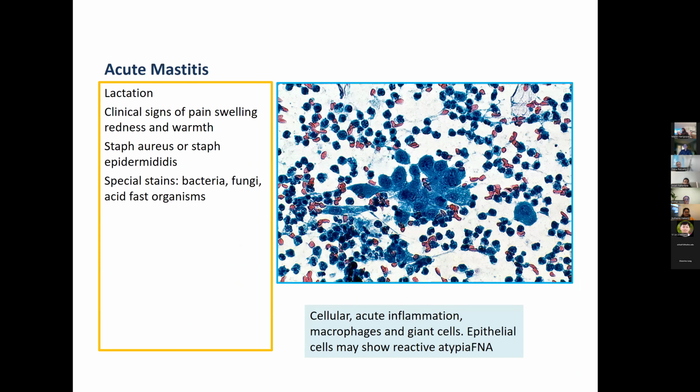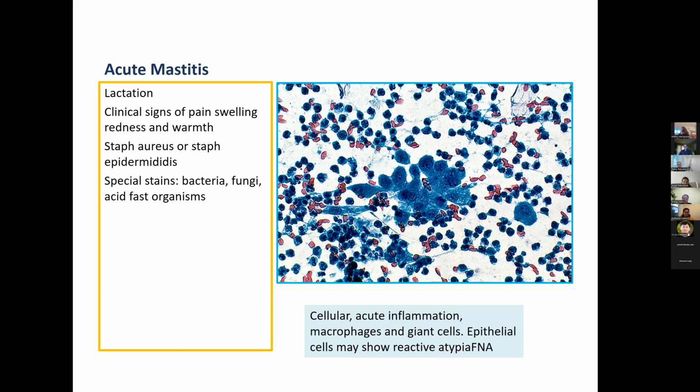So let's go over some of the examples of what we see in cytology of the breast. Let's say the patient is lactating, and you have an aspirate that looks very cellular on low power, but it is mostly predominated by inflammatory cells, neutrophils, and you have few epithelial or ductal looking cells, but they look very reactive and tend to be very eye-catching.